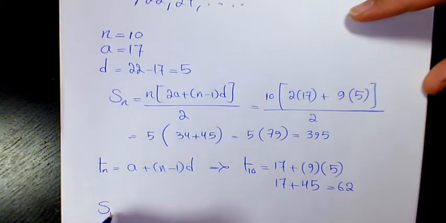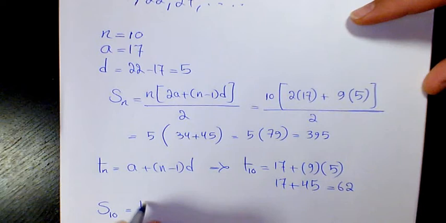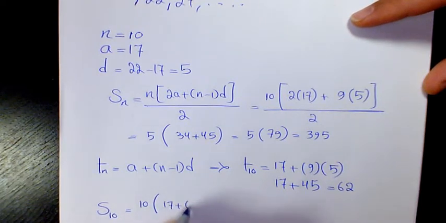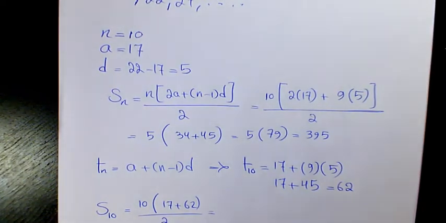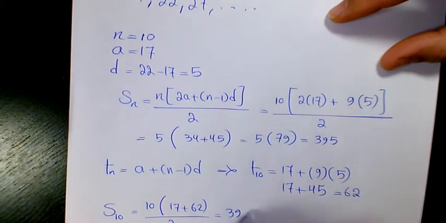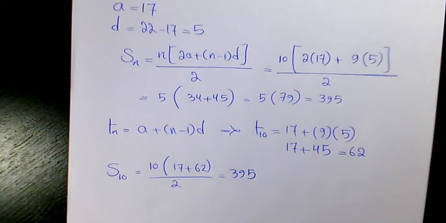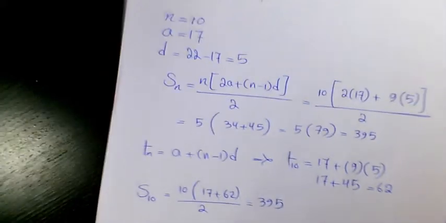So S10 will be 10 times 17 plus 62 divided by 2. That's going to also give me 395. So you get the same answer.